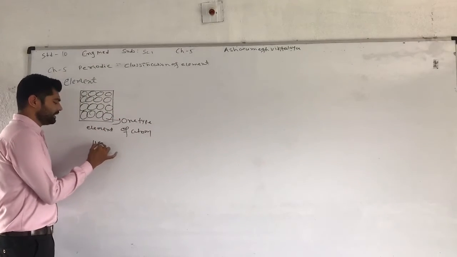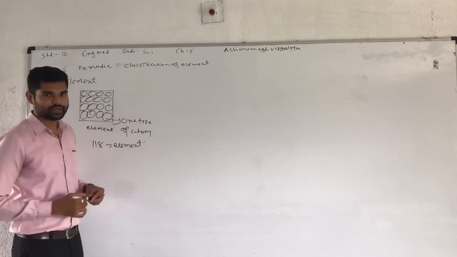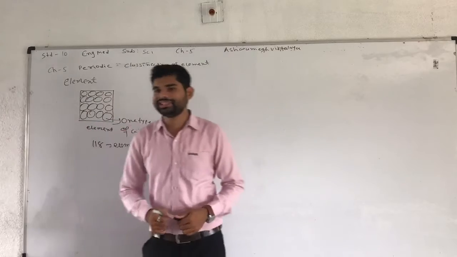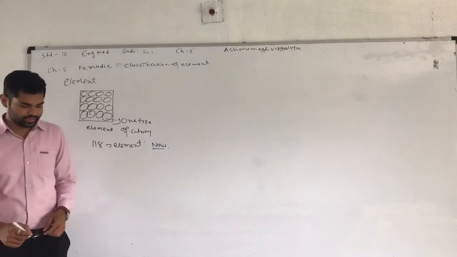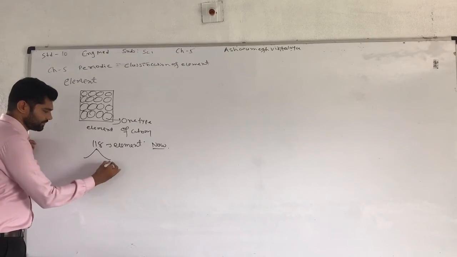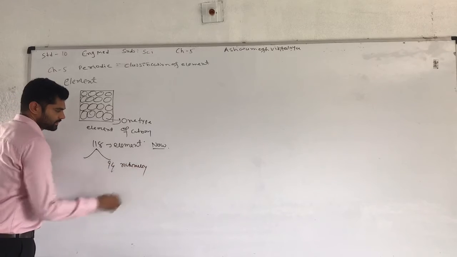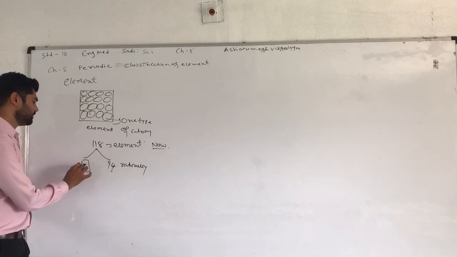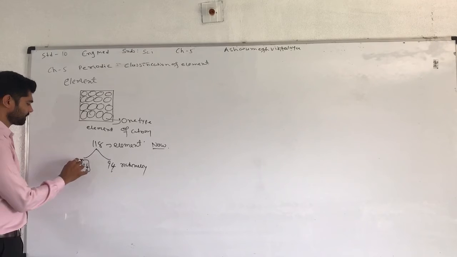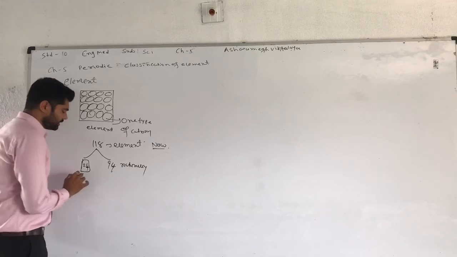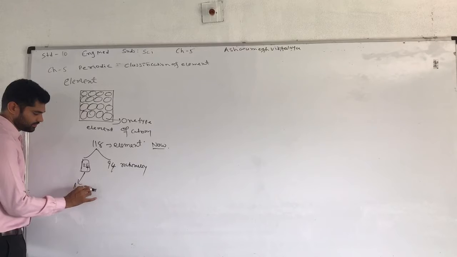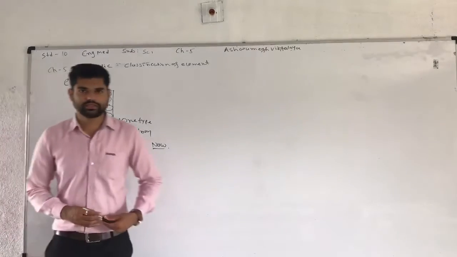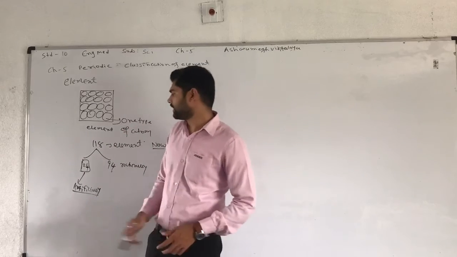Of the 118 elements, 94 occur naturally and the remaining 24 are artificial elements.